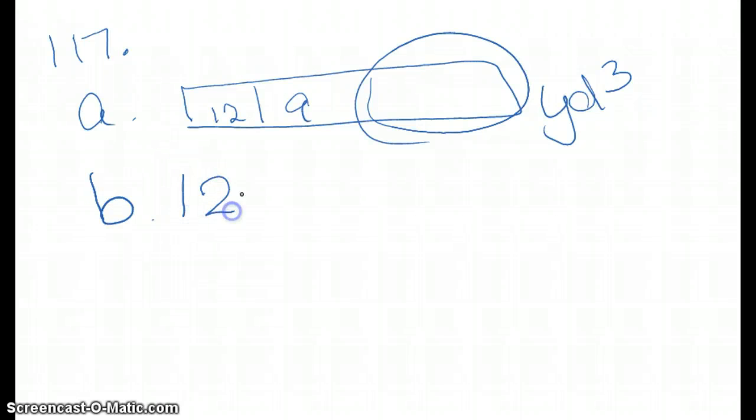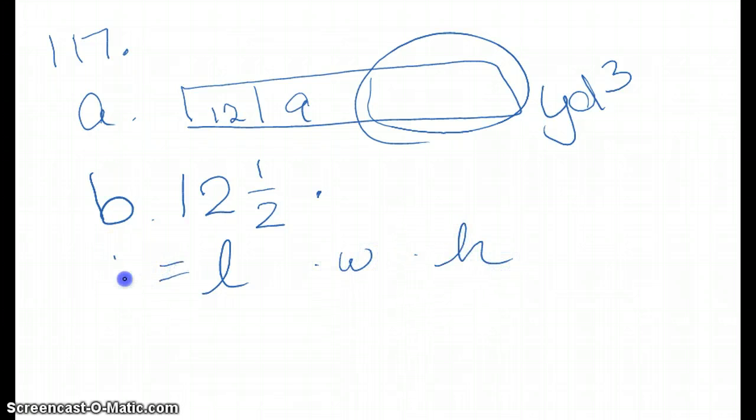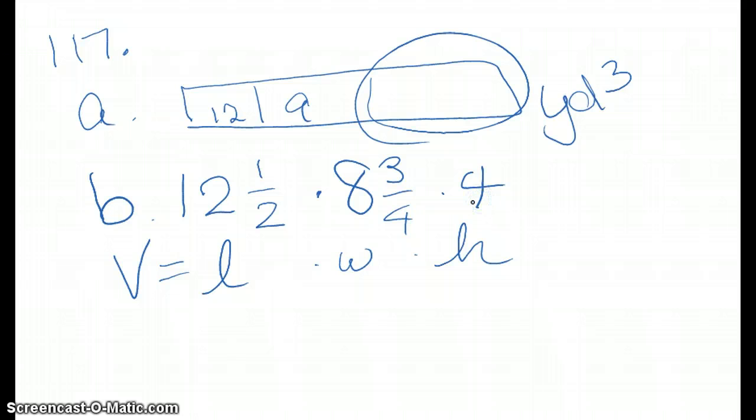They're asking you to actually use those dimensions to find the volume. So let's look at that. We're going to have 12 and 1/2 times, remember, length times width times height is going to give you your volume. And that's going to give you 12 and 1/2 times 8 and 3/4 times 4. Remember to turn each of those into an improper fraction.